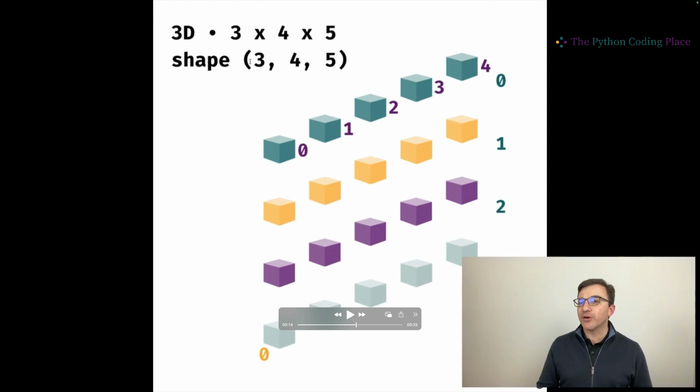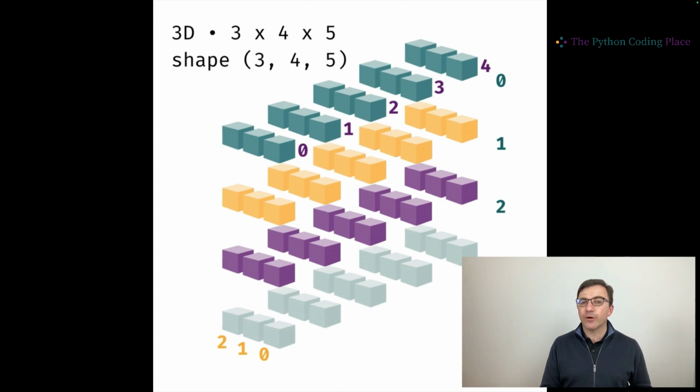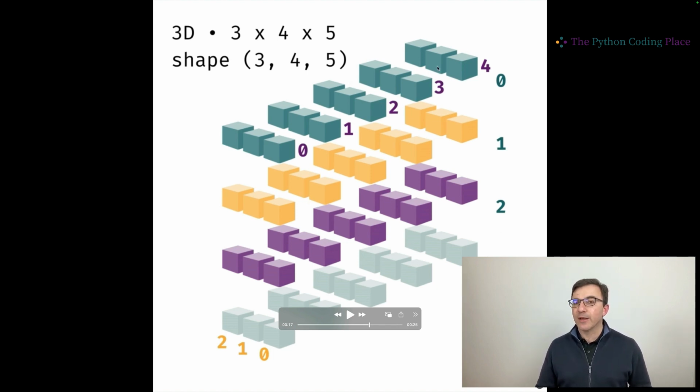The first number there, so the leftmost number, is the final dimension we're adding. And that's where the depth comes in. So the 3 represents how many layers we have, 0, 1, 2. The 4 is how many rows we have, 0, 1, 2, 3. And finally, the rightmost axis, the rightmost dimension, represents the horizontal.